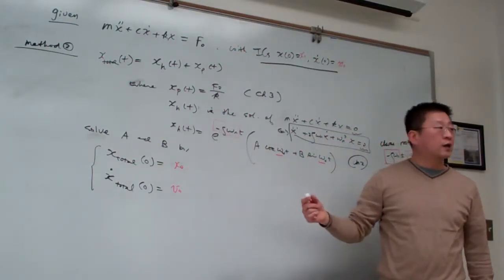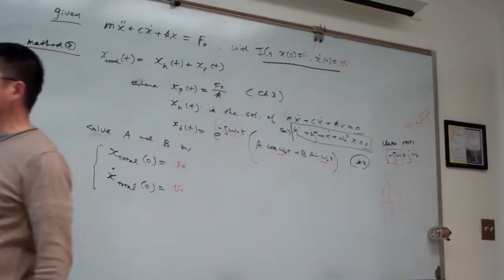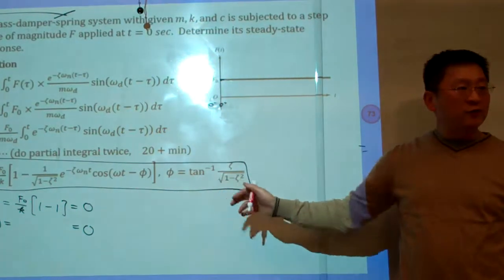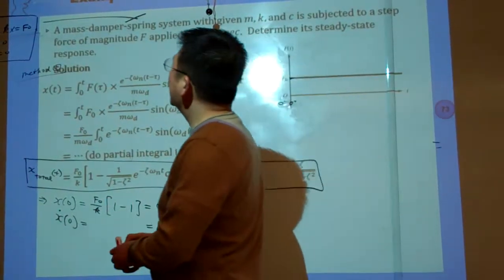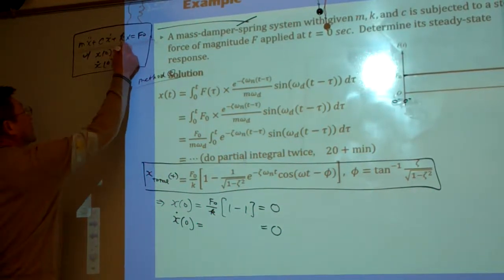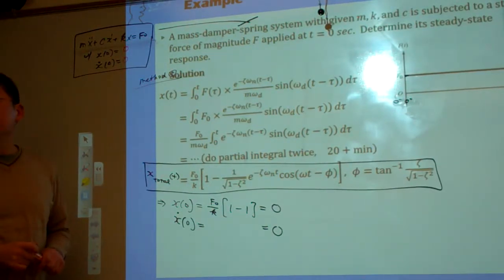You can still solve for A and B, right? And that solution will definitely be different from here. So again, I want to comment that the convolution integral corresponds to a very particular initial condition, that is, zero initial conditions. Keep this in mind. You good?